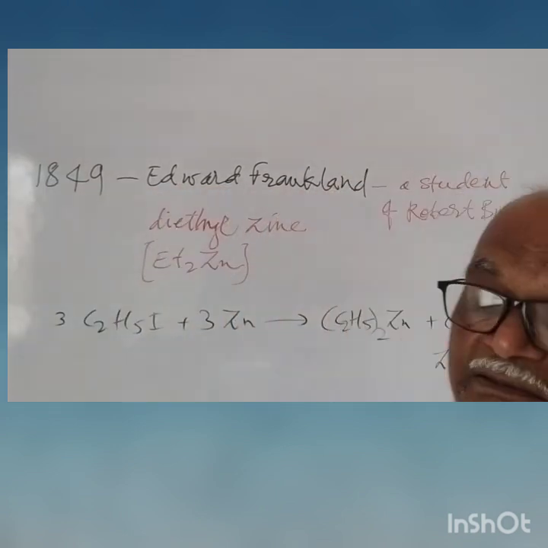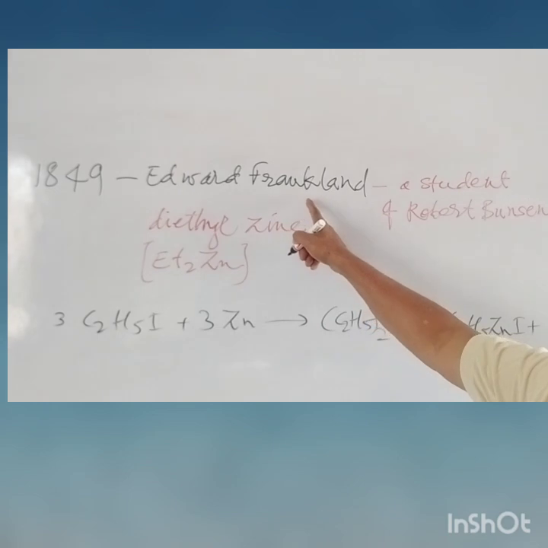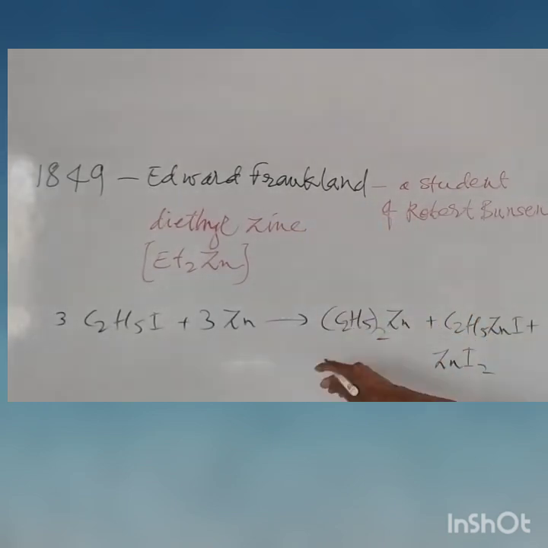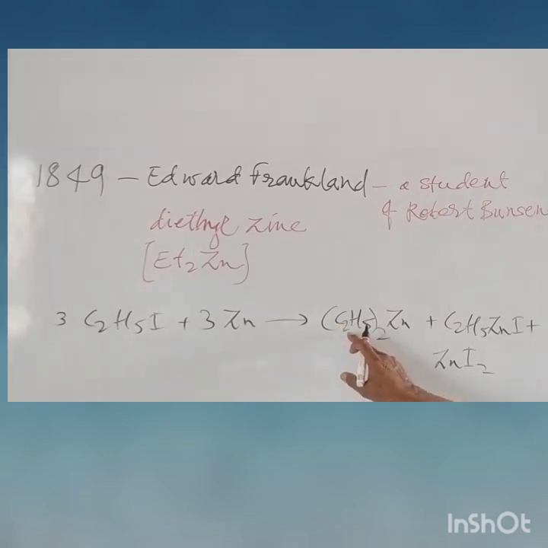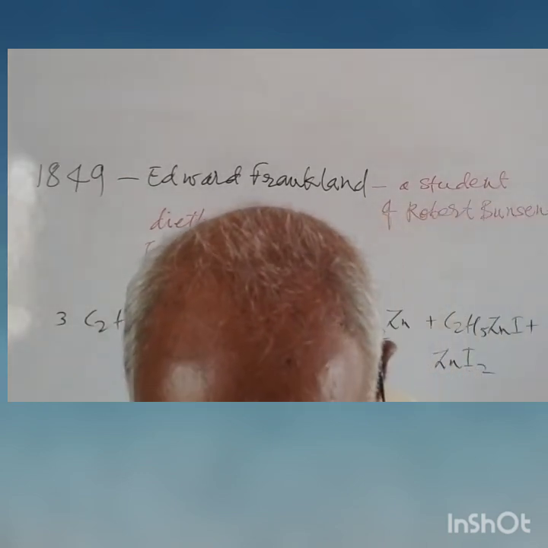So this is the reaction concerned with Edward Frankland. Here you will find that there is a bond between zinc and carbon, in the form of the C2H5 group. So this is the organic portion.